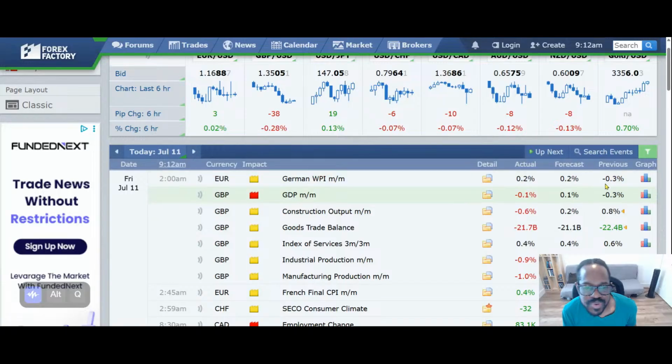If it's higher than the previous month, that's a good sign overall, right? So let's get onto the charts and look at exactly what we have.